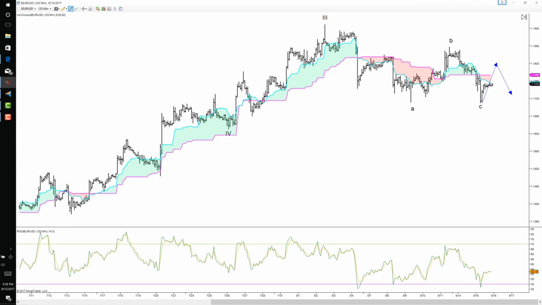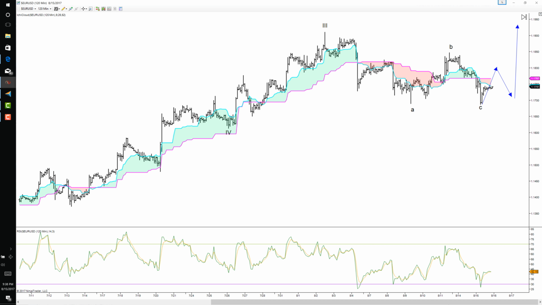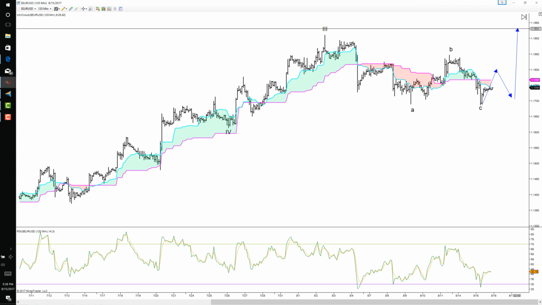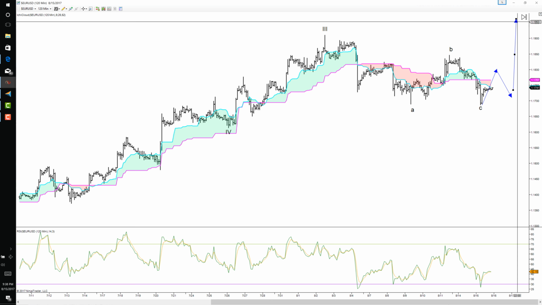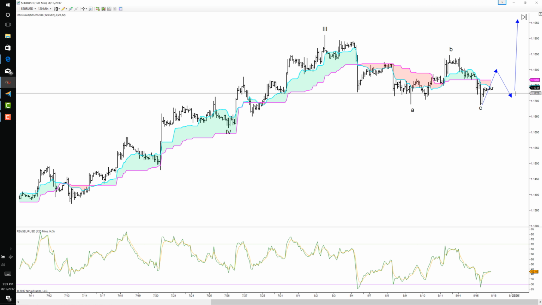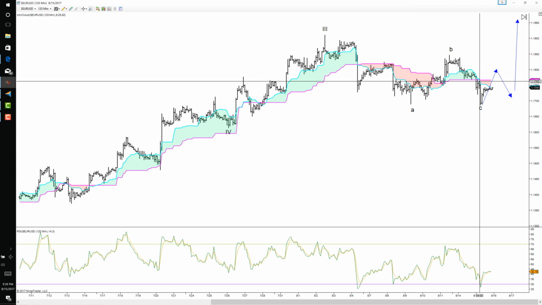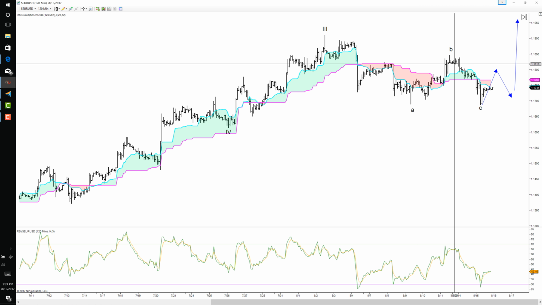And then once it does that, you have the wave 4, and then you have wave 5. That will go well above 120, about 120.50 or so. So that's my projection on the euro dollar of what's likely to happen.